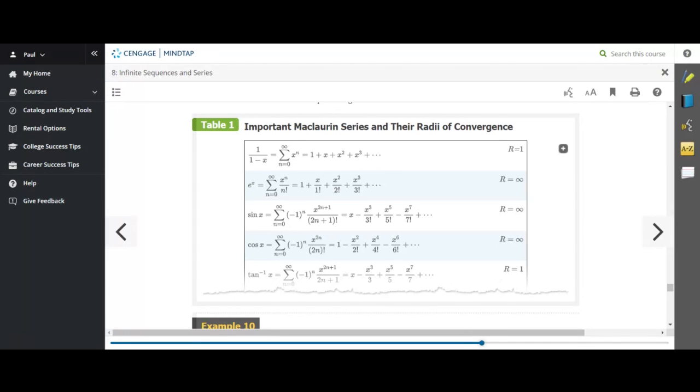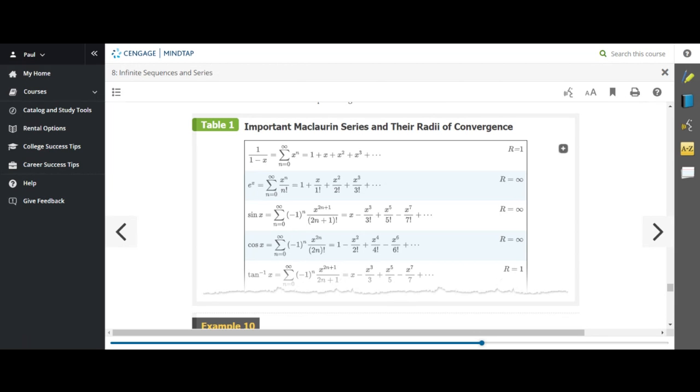Okay, so we are continuing our discussion of section 8.7, the very important Taylor and Maclaurin series. Very, very important material. Representing these functions as power series with corresponding radii of convergence is very important in math, and many engineers refer to these formulas.